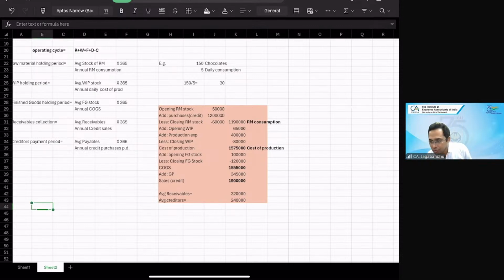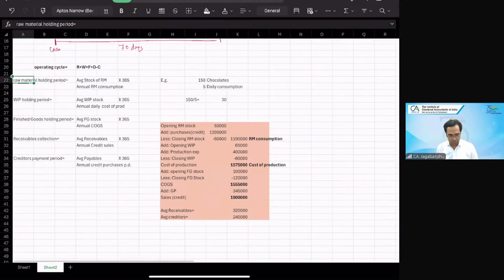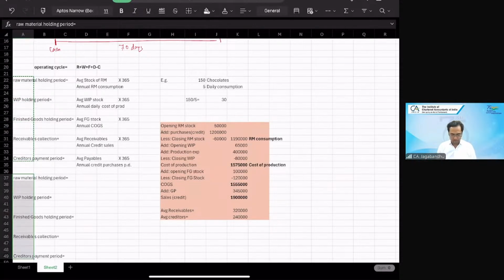Okay, so we got the numbers. Perfect. Let me simply compute these numbers for us.